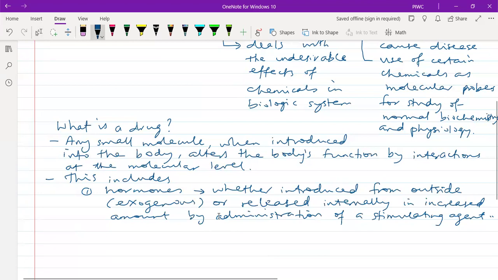Now, secondly, you could also have poisons. Poisons are also drugs. So whether administered with criminal or suicidal intent or encountered inadvertently in the environment. Okay. So poisons are also drugs. So let's write it down.